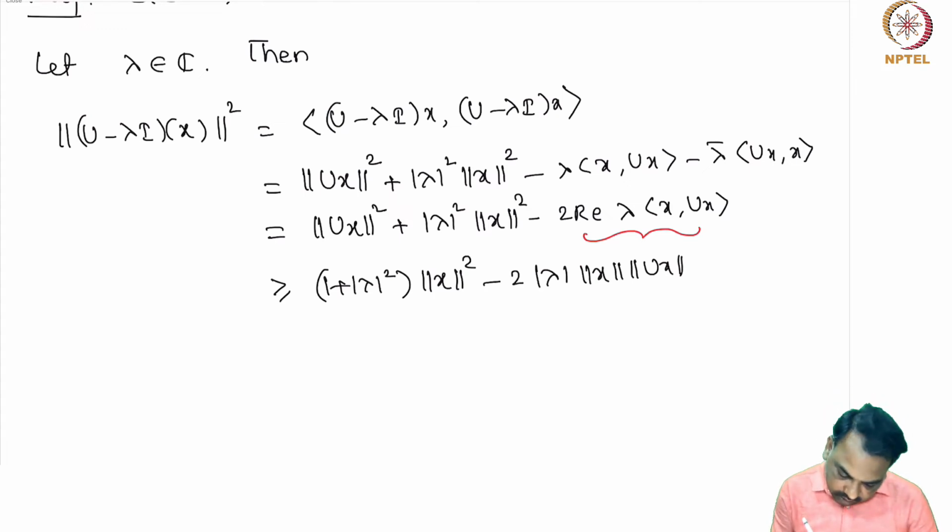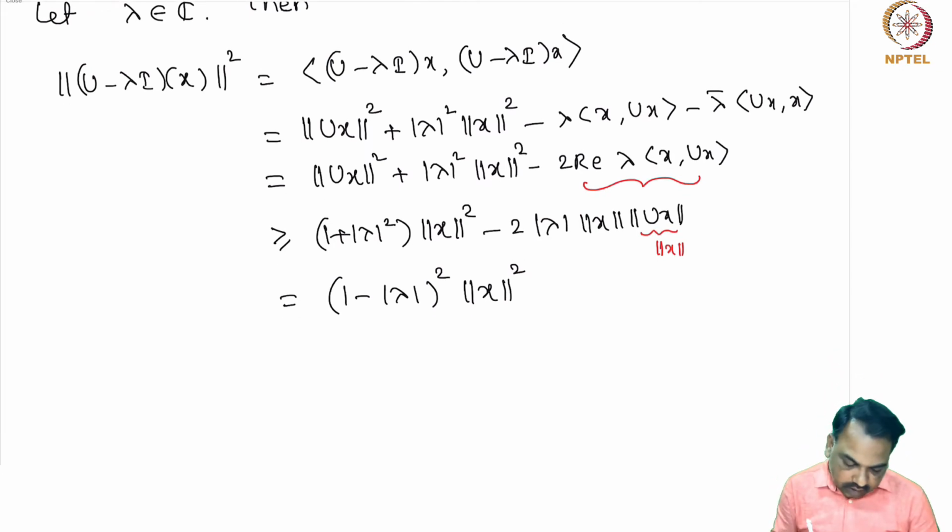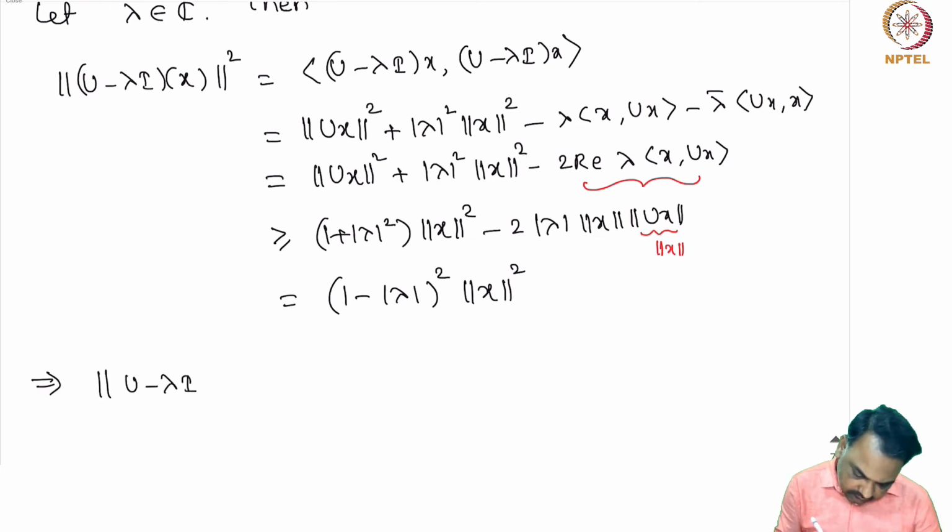So this is nothing but 1 minus mod lambda whole square into norm x square, because norm Ux is exactly norm x. So this implies norm of (U minus lambda I)x is bigger than modulus of 1 minus mod lambda.